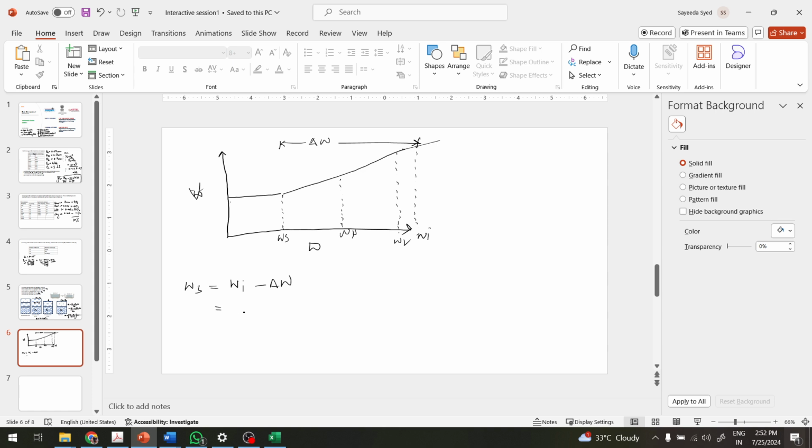So Wi will be, W is the weight of water over weight of solids. Here we saw weight of solids was M2, and weight of water is M1 minus M2, as we saw here.